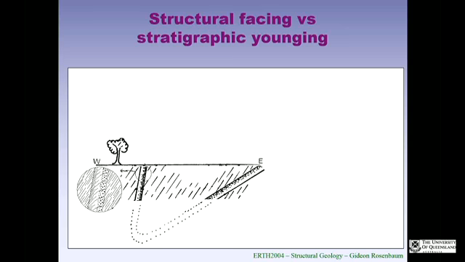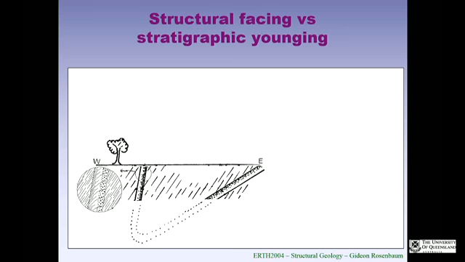Now we look at the stratigraphy, at the younging, and we see coarse grains here, finer grain below. Is that younging to top or bottom? Bottom. So it's going to be stratigraphically overturned.